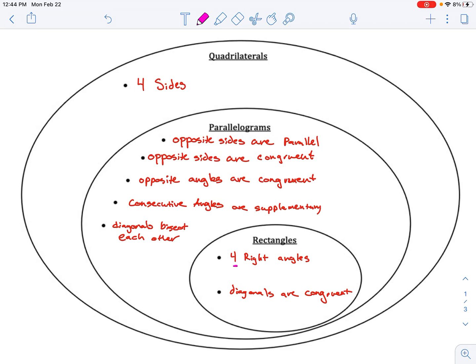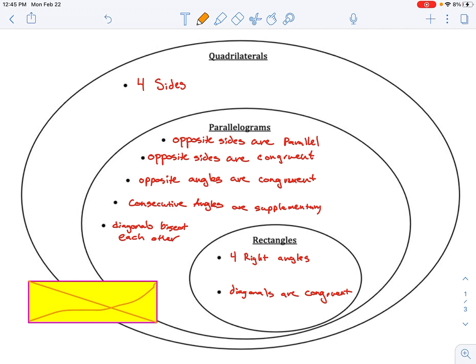Rectangles. 2 things are true about rectangles. There are 4 right angles and diagonals are congruent. So yeah, diagonals bisect each other because that's true for a parallelogram, but the diagonals are also congruent. So if I were to draw a rectangle, I could make it whatever shape I wanted to make it. Okay, there's my rectangle. As long as I can draw straight lines here, and this app should help me do that.